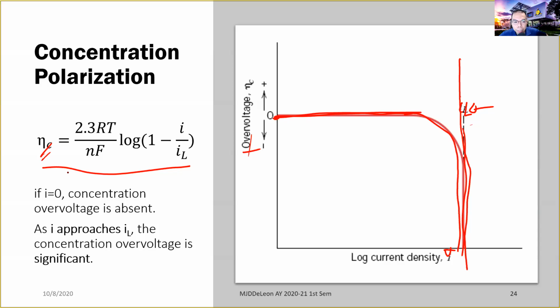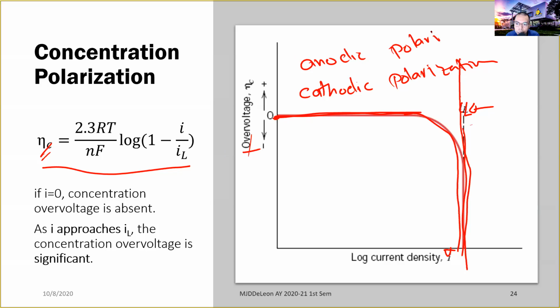So, kung mapapansin nyo, sa concentration polarization, pababa lang siya. So, pag pababa lang siya, this is only a cathodic polarization. Bakit sa concentration polarization, wala tayong anodic na reaction?